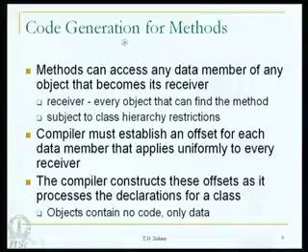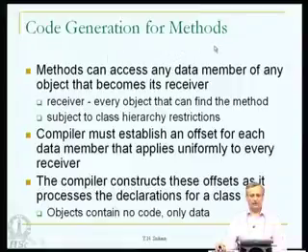How do we generate code for methods? Methods can access any data member of any object that becomes its receiver. So, what is a receiver? Every object that can find the method is a receiver. So, that we say B dot something and so on.